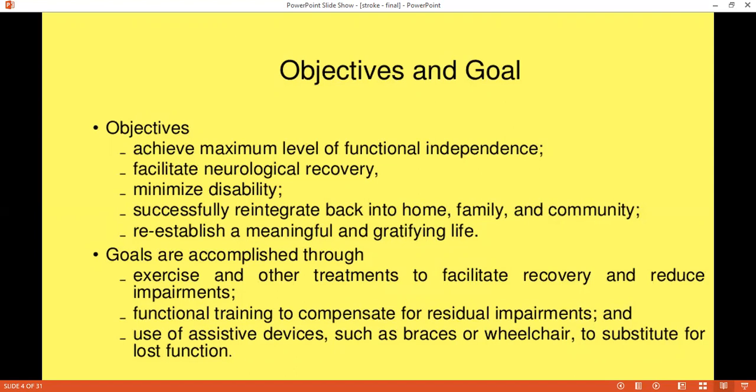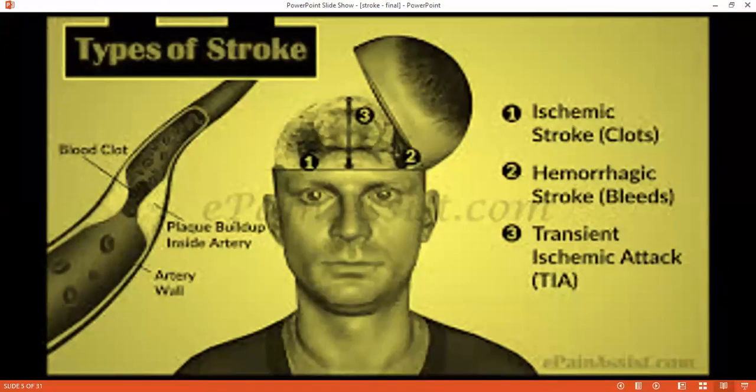The general goals are exercise and other treatment to facilitate recovery and reduce impairment, functional training to compensate for residual impairment, and use of assistive devices such as braces and wheelchairs to substitute for loss of function. This is the objective of the presentation.